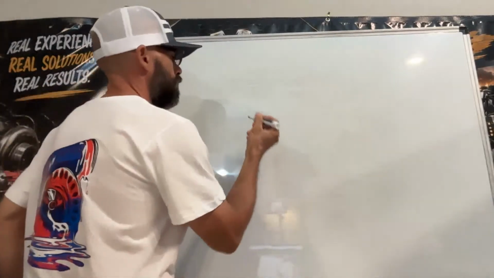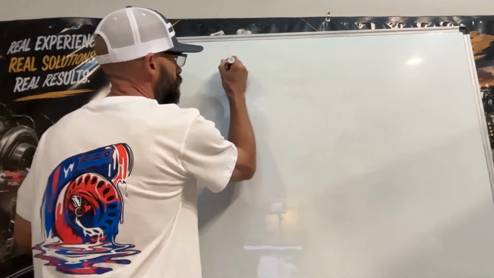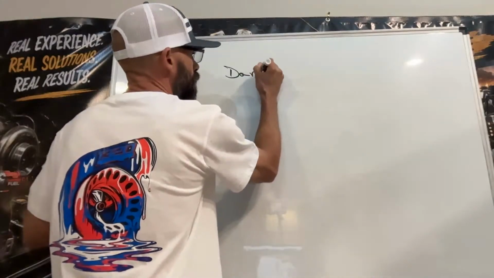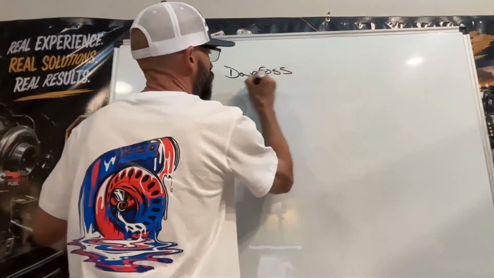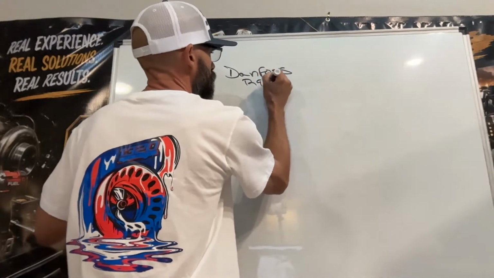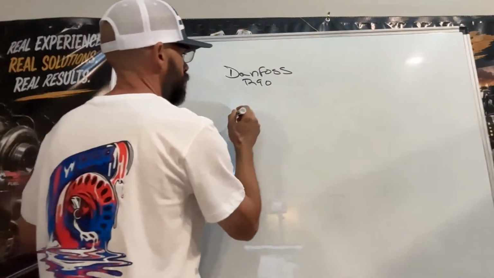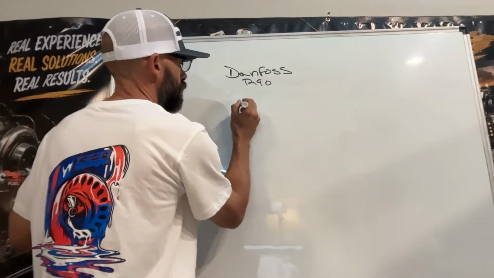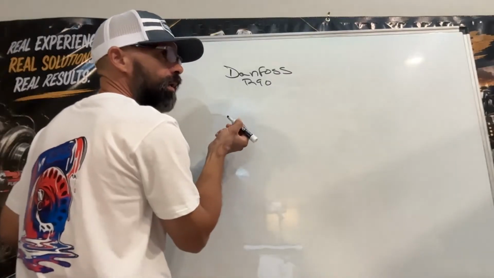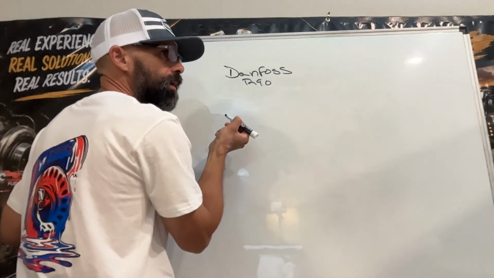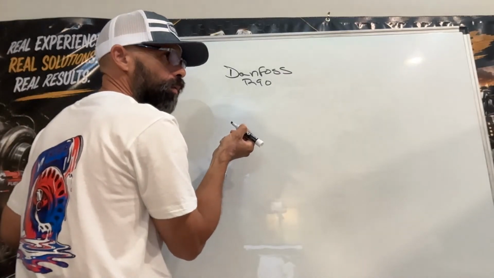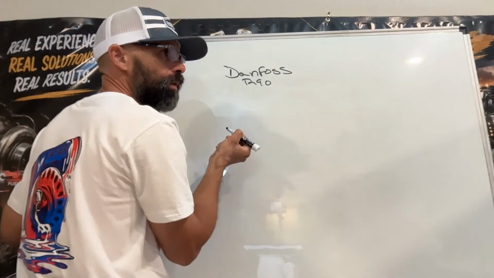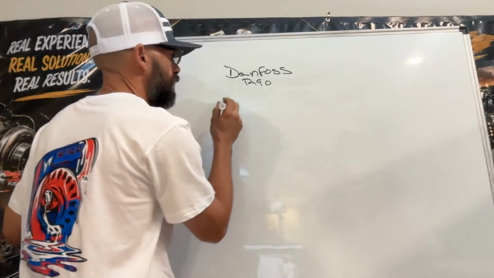All right. On the R90, the downfalls. R90, right? So I'm going to try to give you a symbol and what it will look like if you're reading the hydraulic schematic.